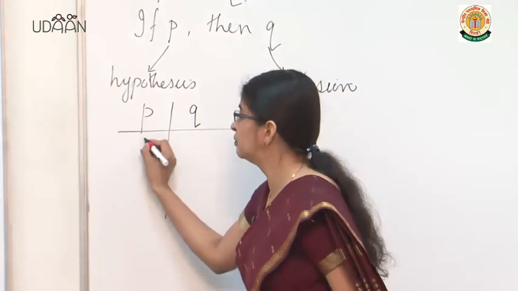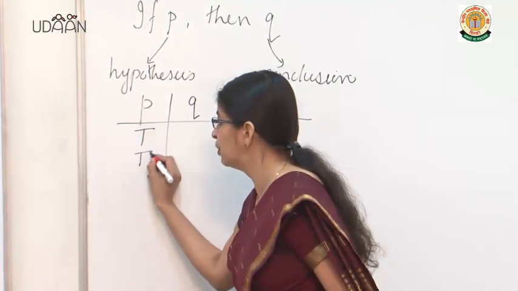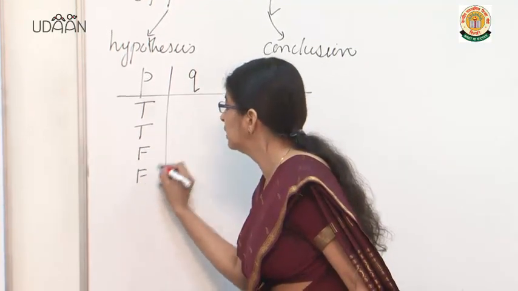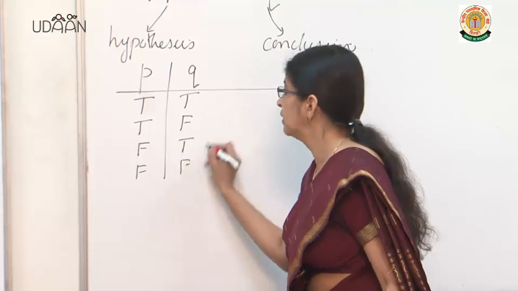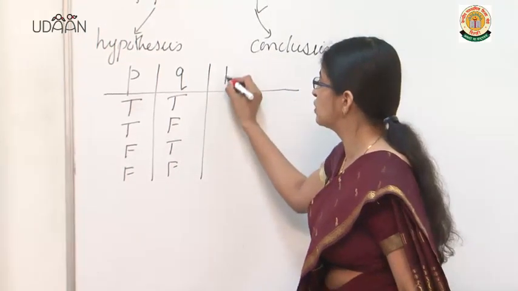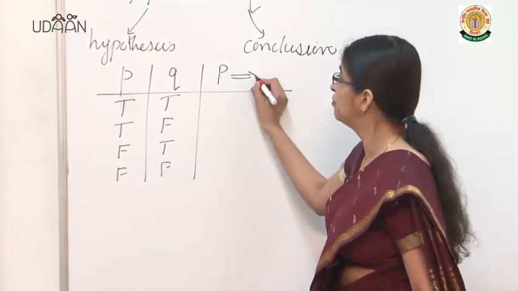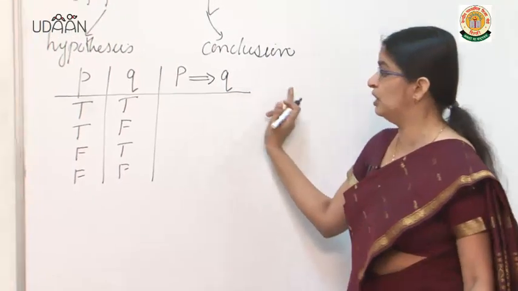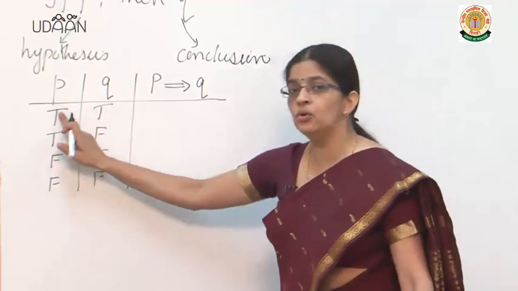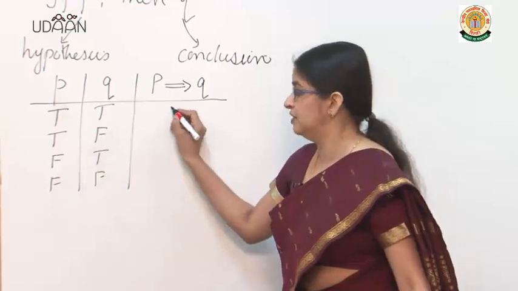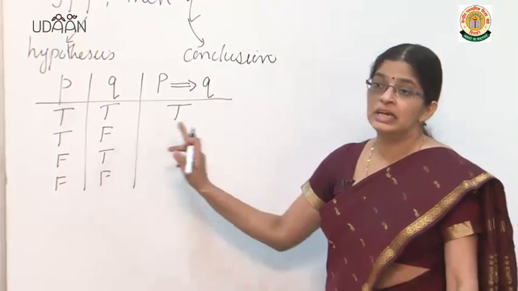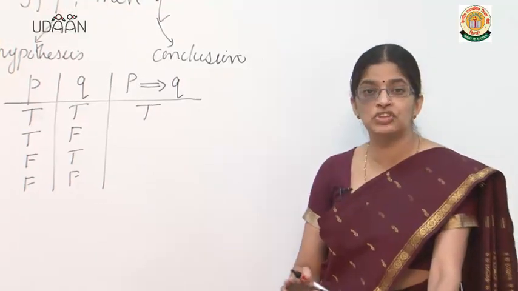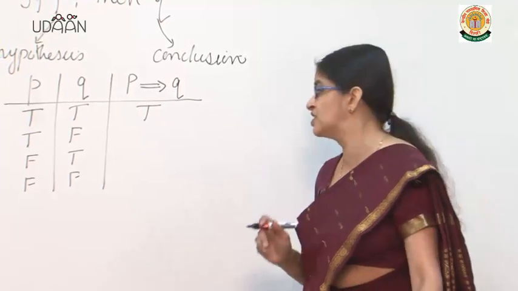Again, 4 possible rows: true, true, false, false, and true, false, true, false. The truth value of P implies Q is given by: true implies true, which is always true. True implies false is considered false, as a true statement can never give a false statement.